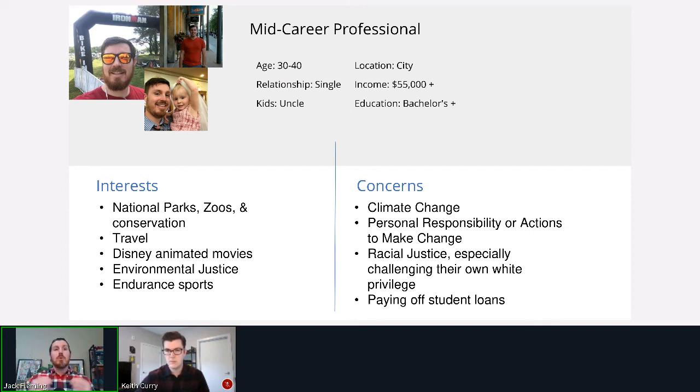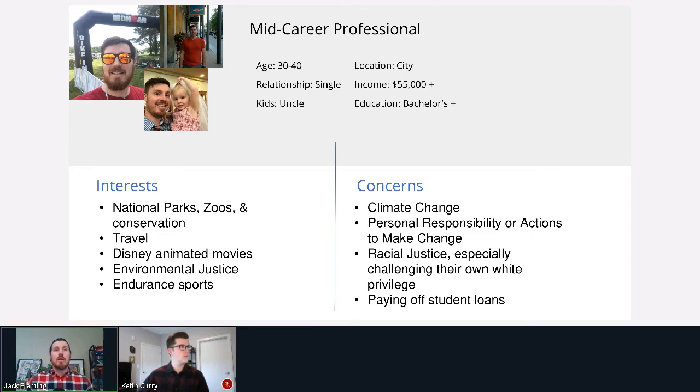And then below that, in the next section, we're talking about interests and concerns. Given our topic, we're talking about animal conservation. So interests: national parks, zoos, conservation in general, environmental justice issues, things like deforestation and plastic pollution in the ocean.